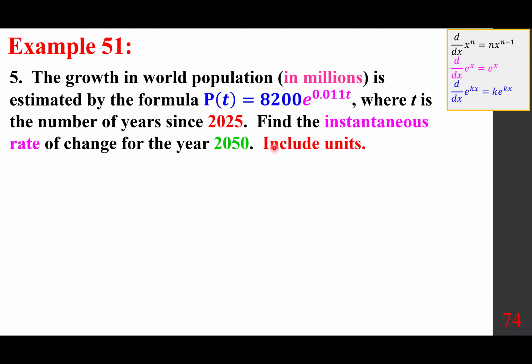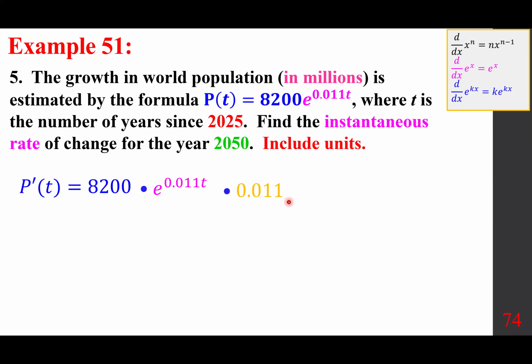Instantaneous rate, or even one point in time, means differentiation. So you want p prime of t. You start with 8200, and then you differentiate this. That means you're going to write it itself. That's an exponential function, and you multiply it by the derivative of the exponent, which is simply the number in front of it, 0.011.